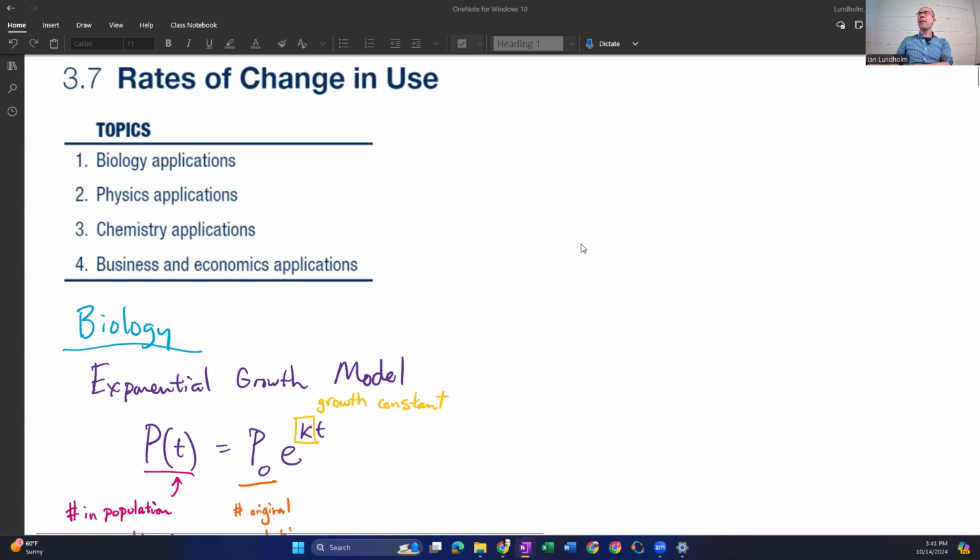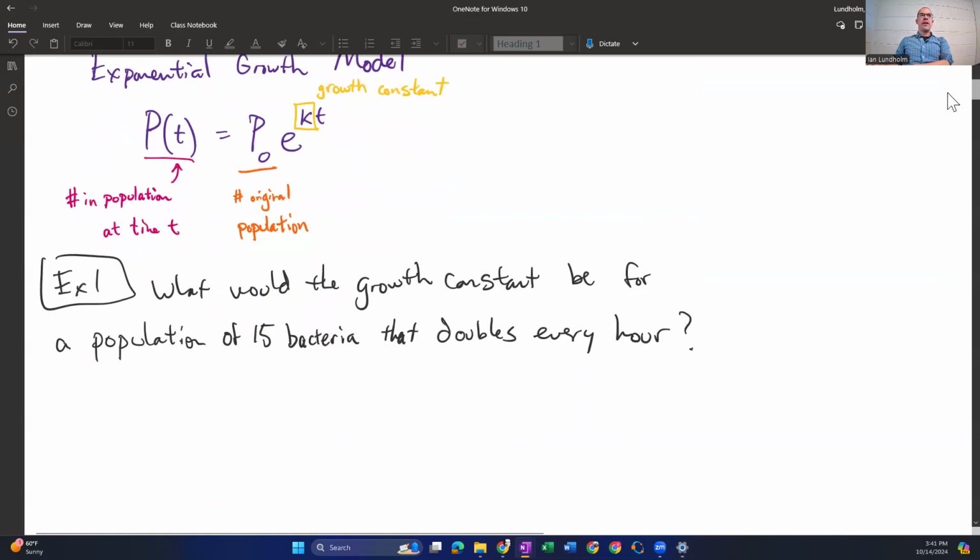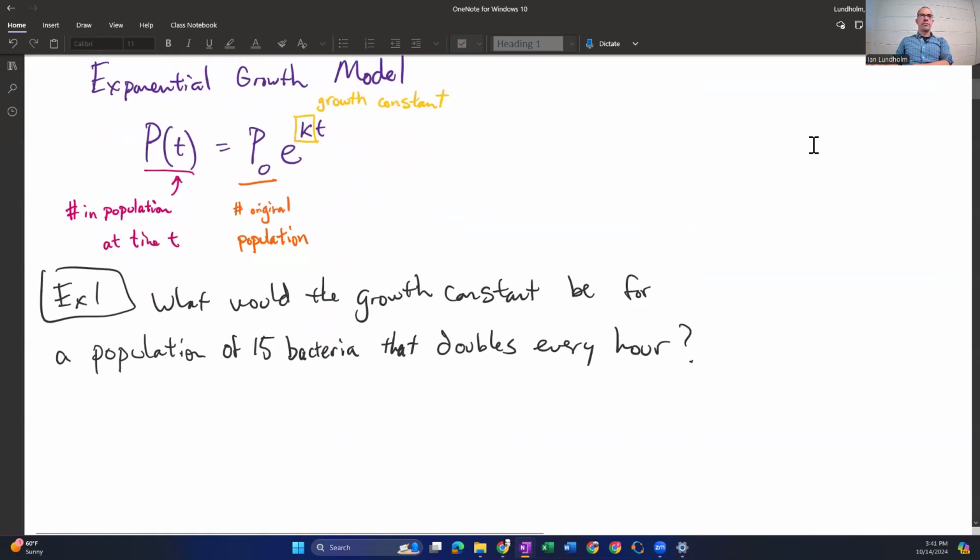The first one we're going to look at, biology. In a biology context, you might be interested in population growth. And so you could be interested in an exponential growth model. If we were trying to model a population of 15 bacteria that was doubling every hour, we could use a population growth model like this.